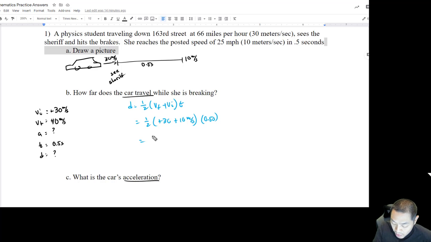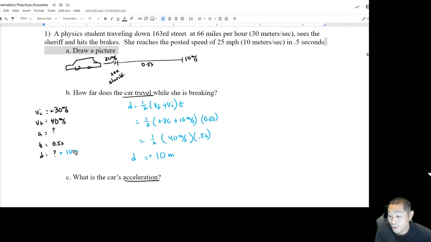So you get 1/2 times 40 meters per second times 0.5 seconds, and you get 10 meters positive. You're like, okay, that looks good.